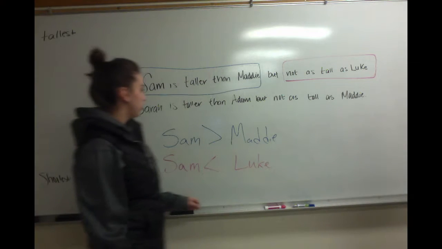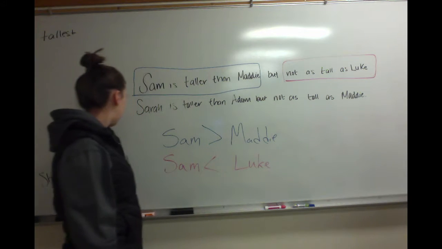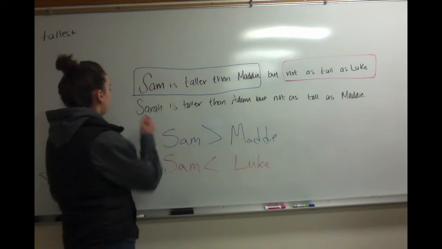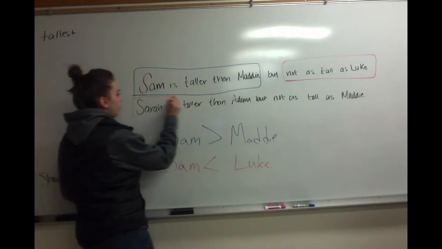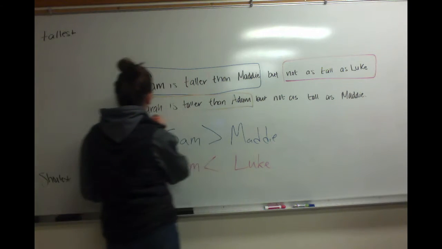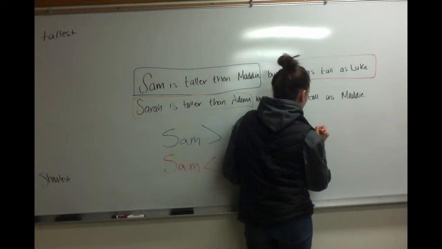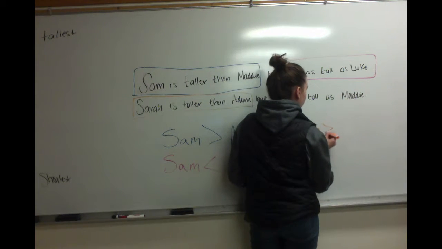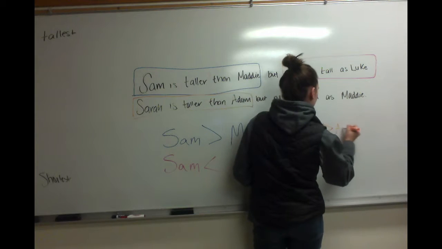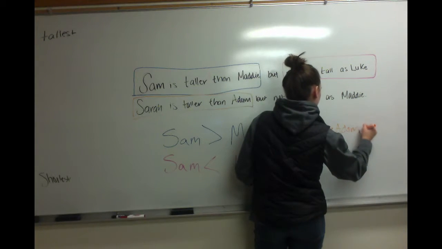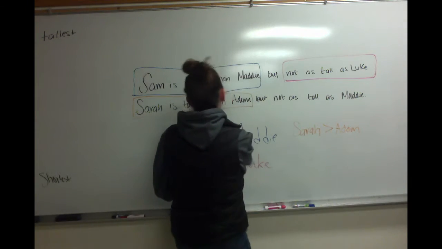Yeah, so we're just going to do the same thing with the next line here. So we know that Sarah is taller than Adam. Write that here. And again, we're going to use that greater than sign to show taller. And then we know we're going to put Sarah's name again.